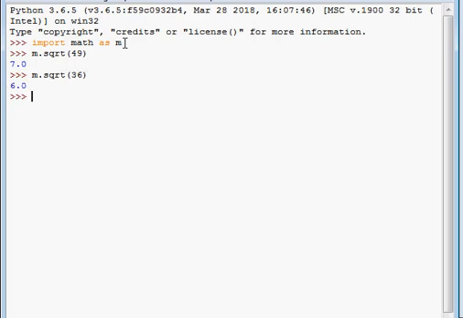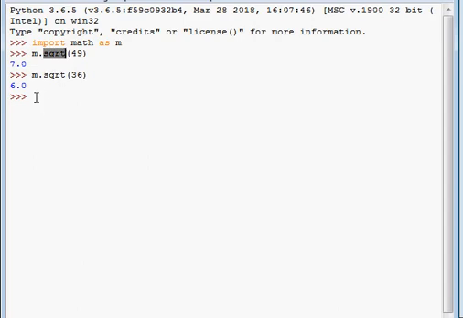So sqrt is a function that is available in the math module, and the math module is already present in your Python shell. In this way, we have learned one mathematical function, that was sqrt or square root.